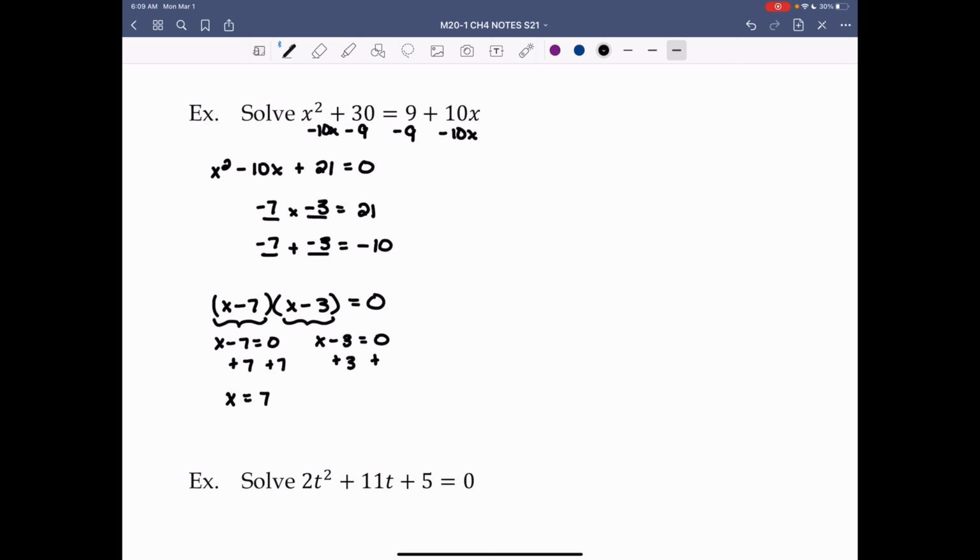Add 3 to both sides. X equals 3. So our two solutions are x equals 7 and x equals 3. Those are the x-intercepts, or the solutions, or the roots, or the zeros. All different terms for the same thing.